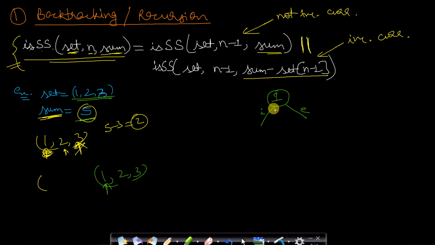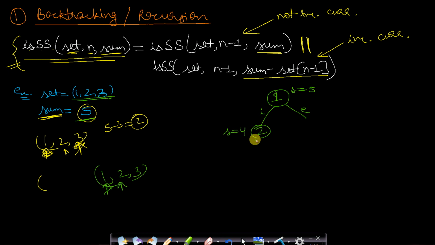Let us say I have included this element 1, and by the way, the sum which was to be found initially was equal to 5. So now if I include the first element, which has value 1, then the sum value to be found will be equal to 4, because it will decrement by the value which we have included. Now we will move to the right, and at right we have 2. So we have node 2 here.